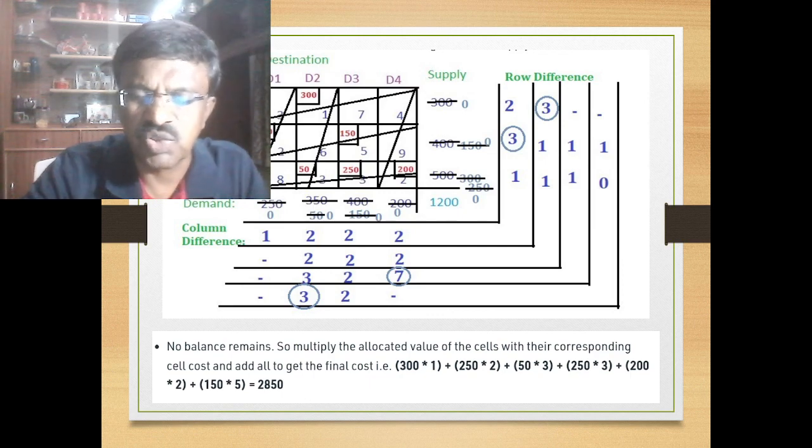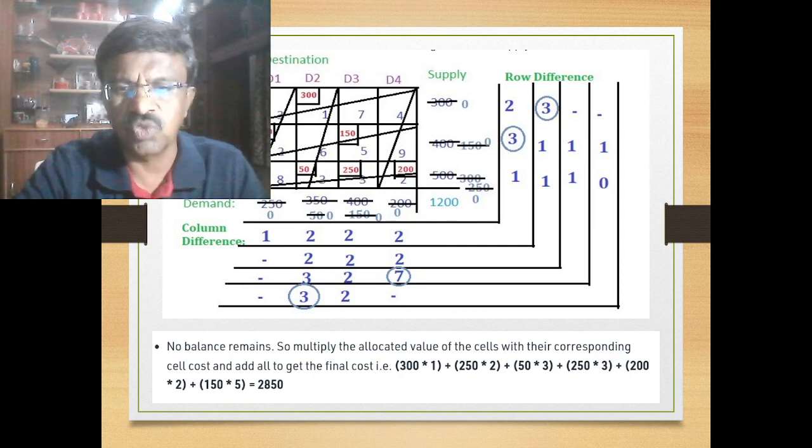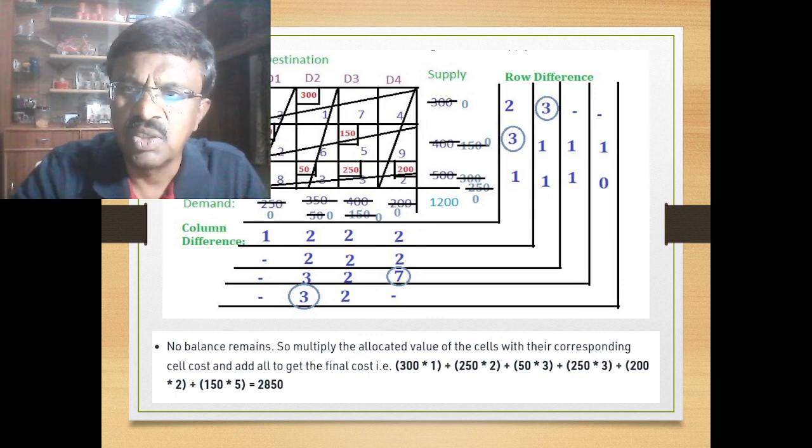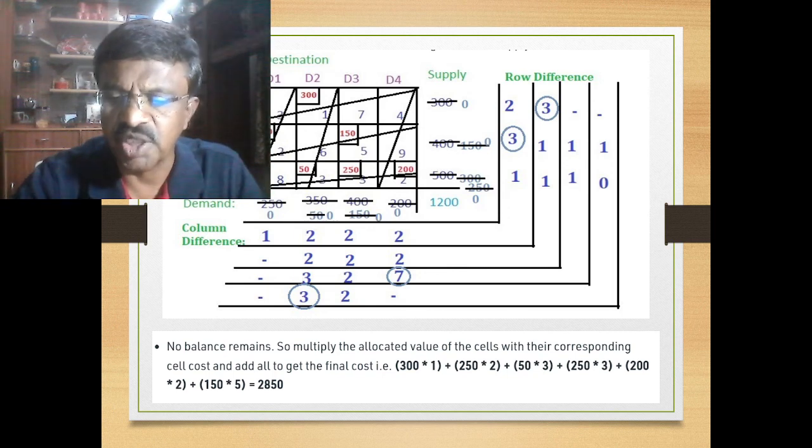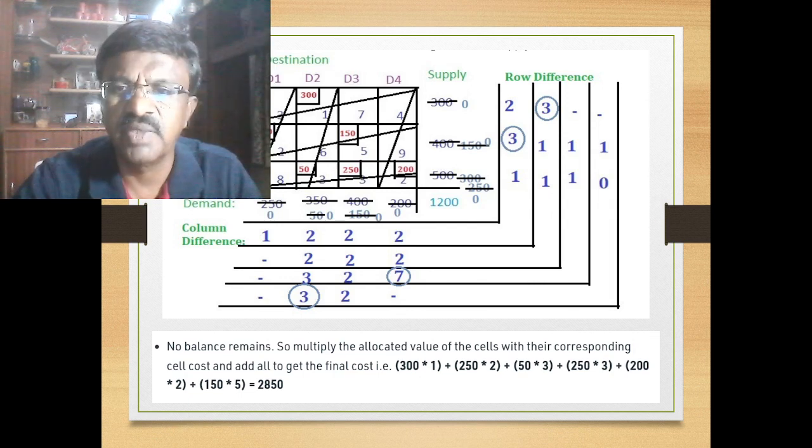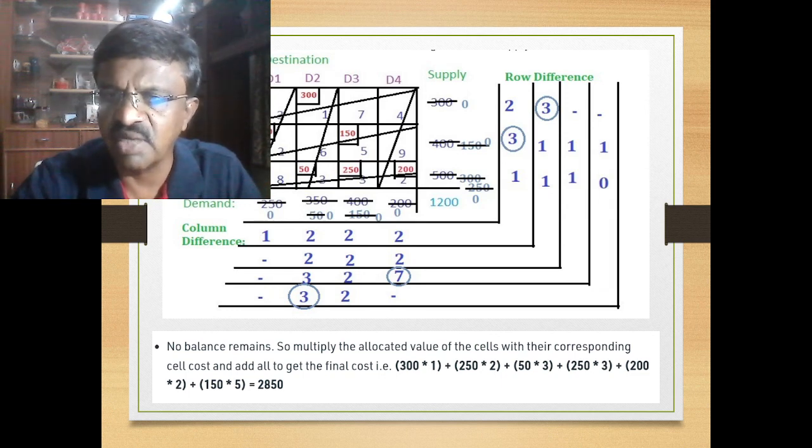That comes out as rupees 2850. So this is the solution suggested by Vogel approximation method, which is only an initial solution. We need to check using the modified distribution method whether the solution provided by Vogel approximation method is optimal or has to be modified. We will see this modified distribution method in some other hour.